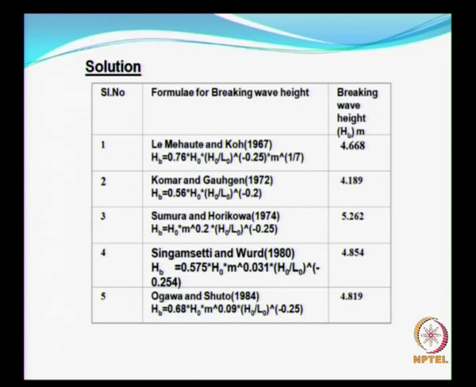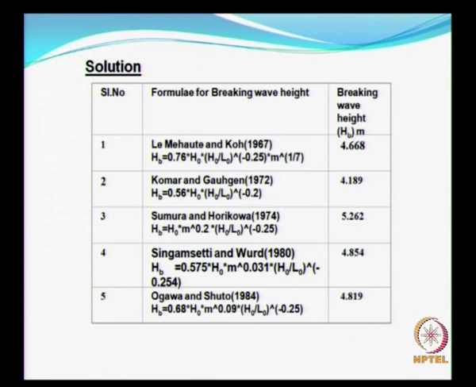So, the first one is the Larson and Kraus formula, which accounts for the variation in the beach slope as you can see here, and this predicts a value of 4.7 approximately for your breaking wave height, whereas the next one, Komar and Gaughan, gives a value of about 4.2, and the third one is something like 5.3, then the fourth one is 4.85, and finally the fifth one, Goda and Battjes, gives you a value of about 4.8.